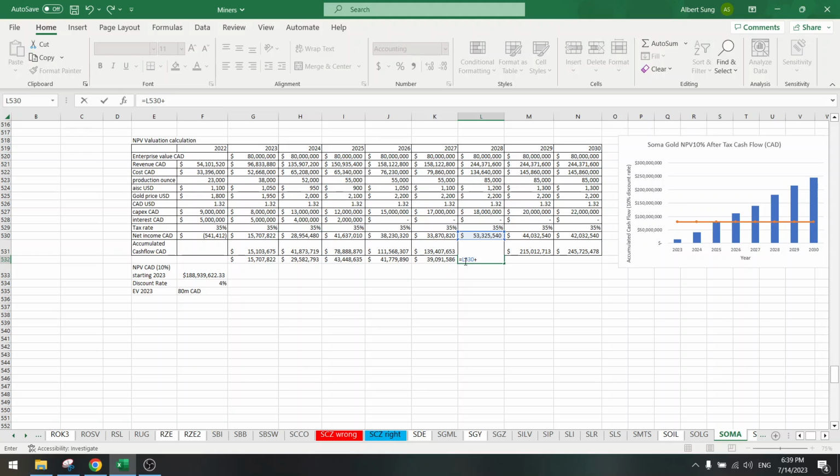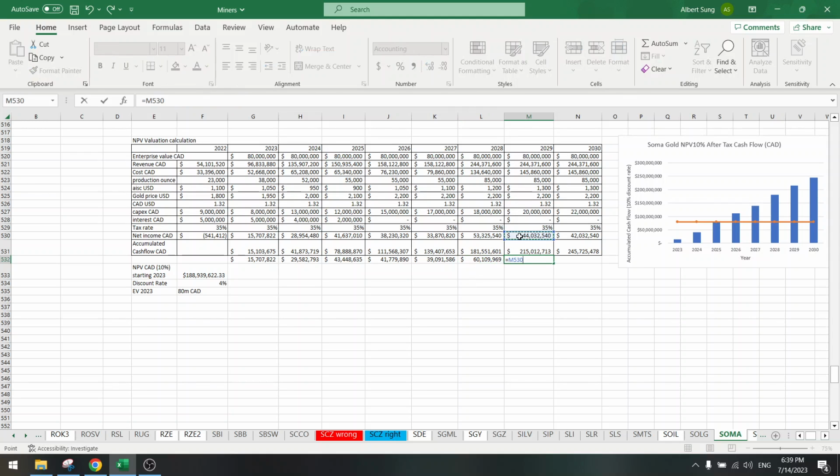plus 4% times, I wonder if I can use some of this. Never tried it, but let's see. Oh, it works. So I can just do that.